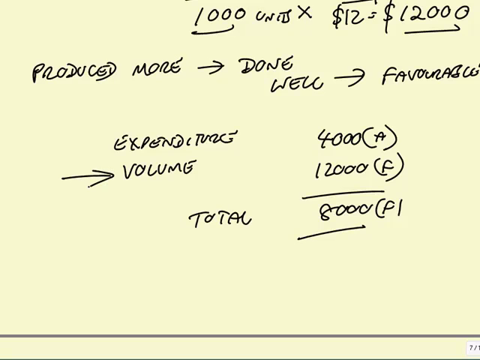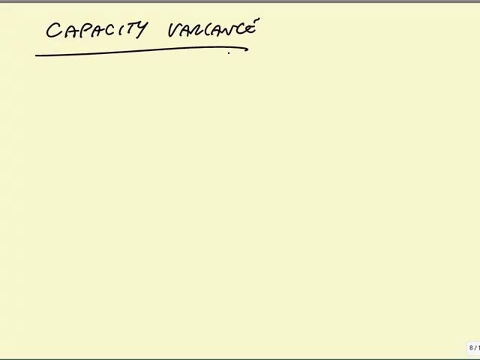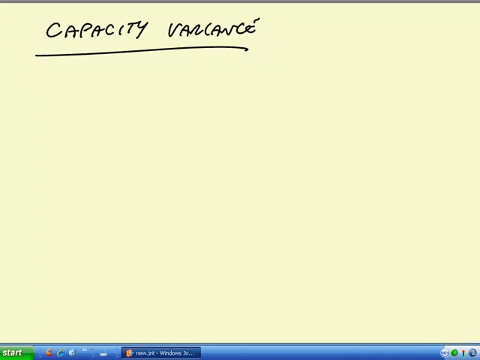So, last bit of rules. First of all, capacity. I said I wasn't going to chat through all the logic, and I'm not, but even so, we've managed to produce more units. One reason for having more units is that I managed to get more hours. If I get more hours, we can produce more units. For capacity variance, you look at your hours and you compare the actual hours we worked.